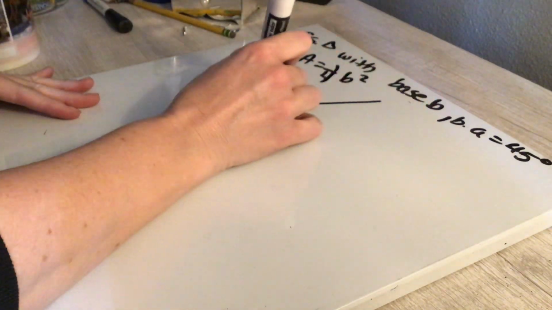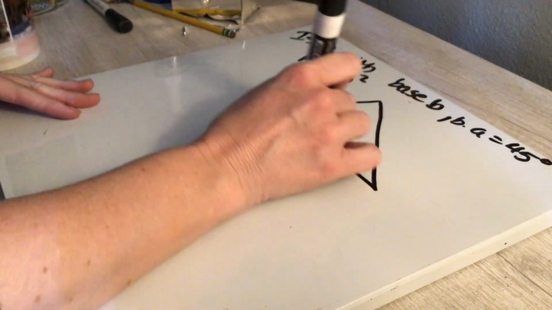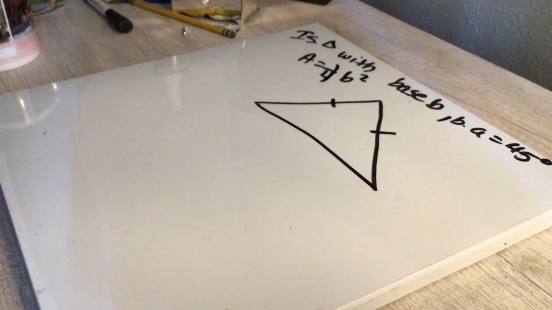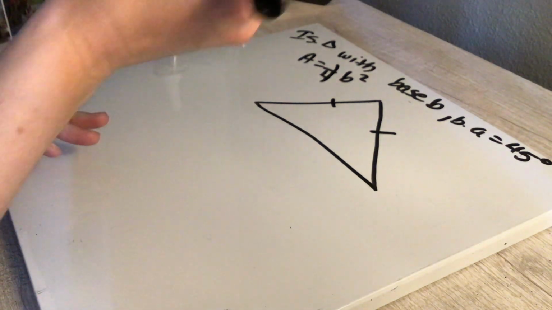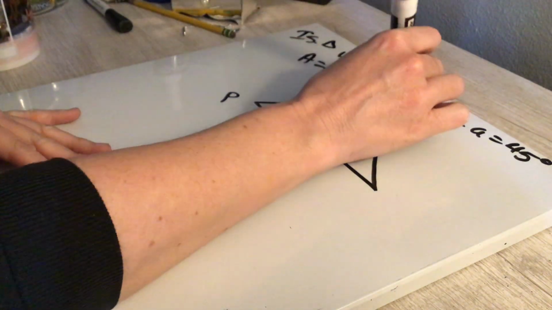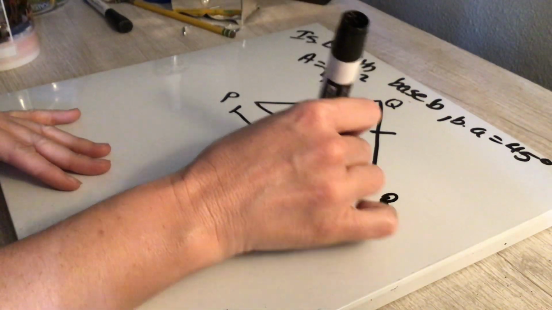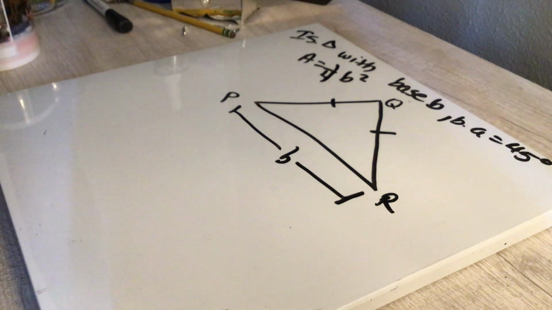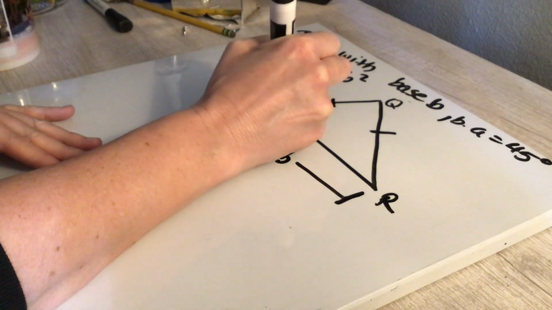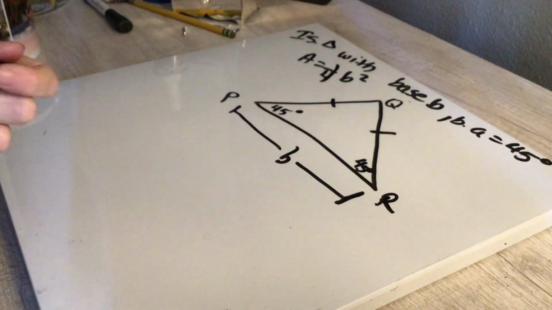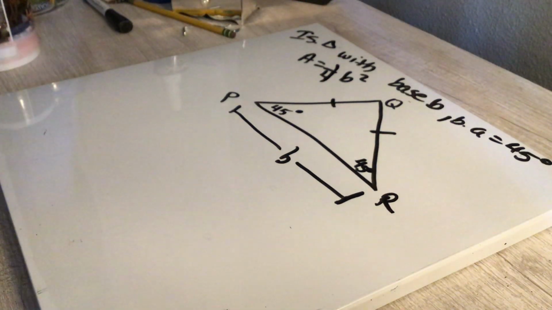Okay, so isosceles means two sides are congruent, okay? And then, so we're going to call this triangle PQR. And here is our base, okay? And then base angles of 45. This is 45 degrees. Okay, then we know that the area of any triangle is 1/2 base times height.